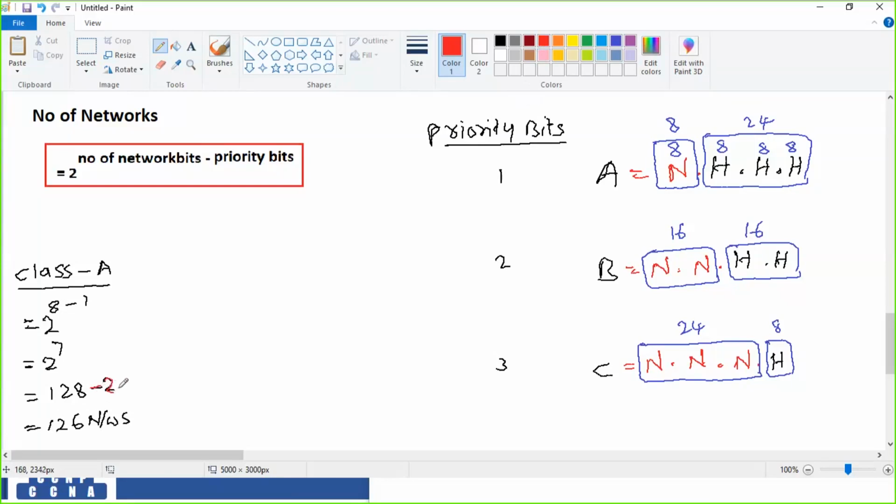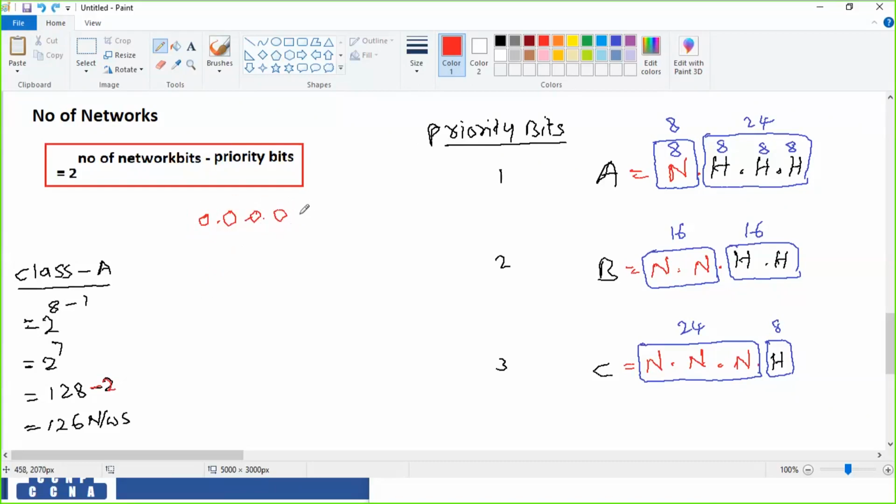Which networks are minused? What is the range of class A? Class A range is 0.0.0.0 to 127. So the 0 network cannot be used. This is for identification.